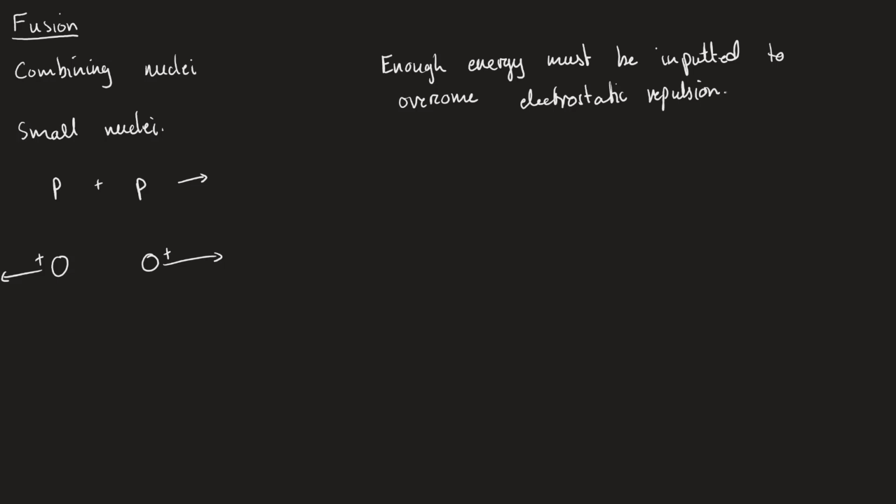Now, in order to do this, I need to heat up the system. By heating up the system, we know from thermodynamics, I'm going to increase the kinetic energy of everything. If I increase the kinetic energy, I can therefore end up having enough energy so that these two will fuse together, and I will end up with just a nucleus that consists purely of these two protons.